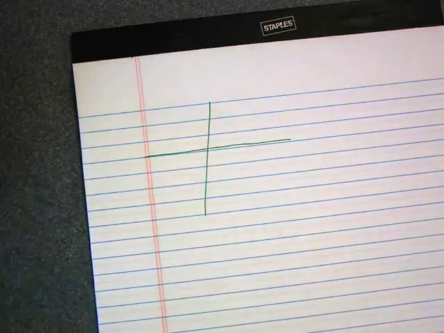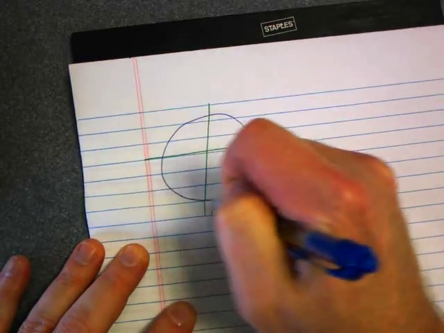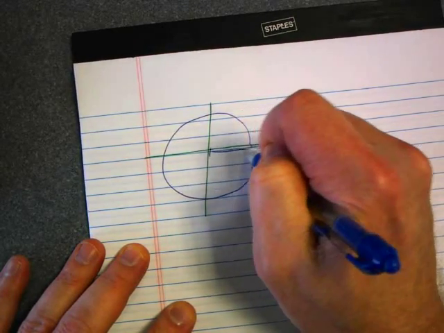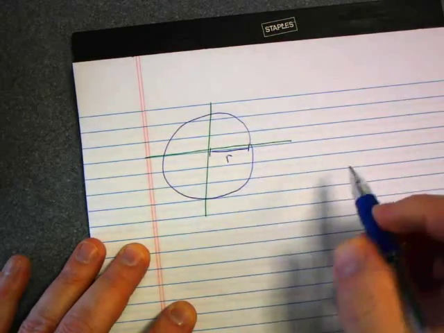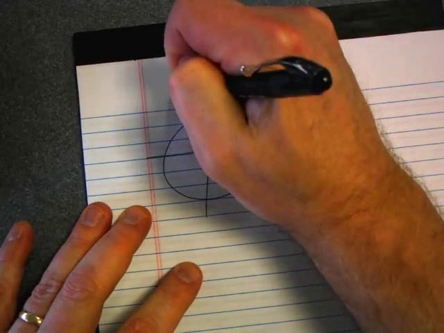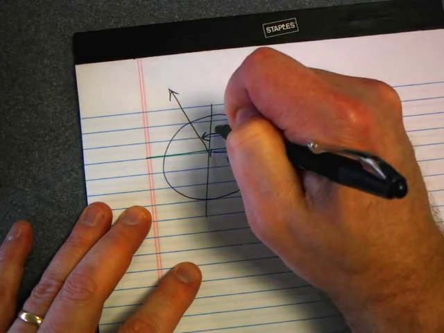If you have a circle, and this circle has a radius of r, and you have an angle theta.